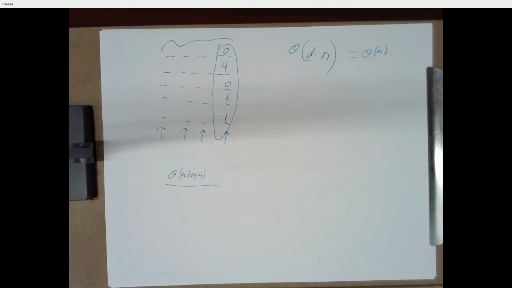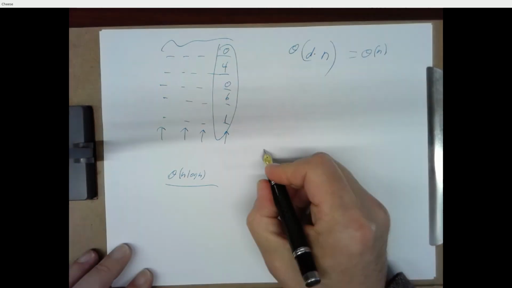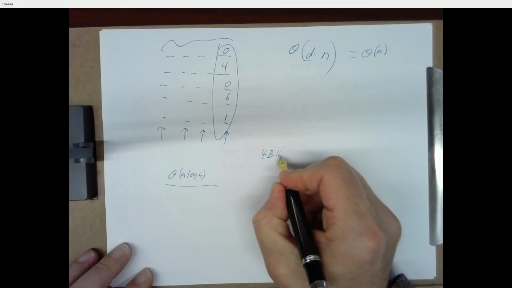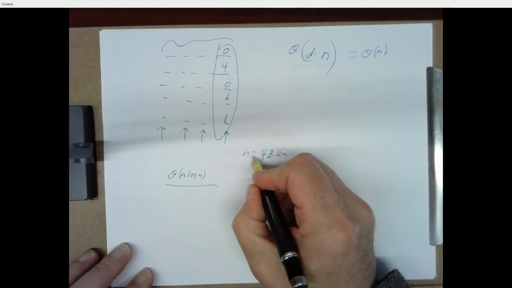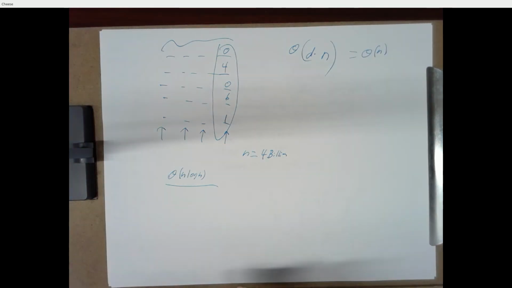If we were to apply this to integers stored in binary, okay, so write your integers out as 32 binary bits. And how many 32-bit integers are there? 4 billion. Okay, so suppose we have 4 billion integers. So that's the approximate value of n.